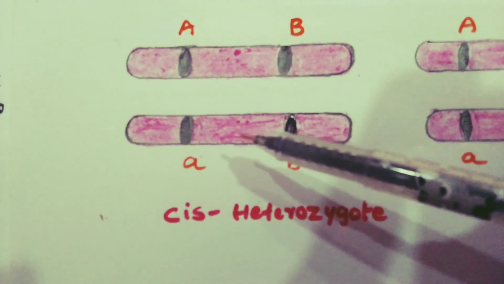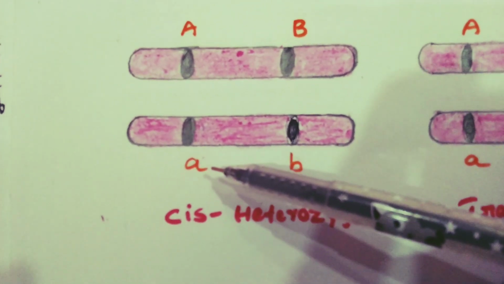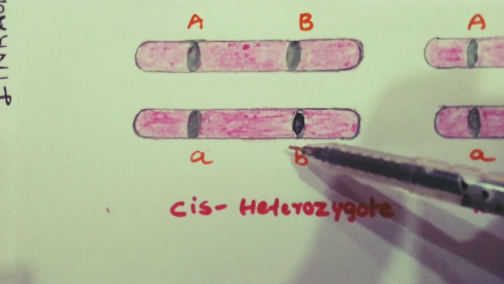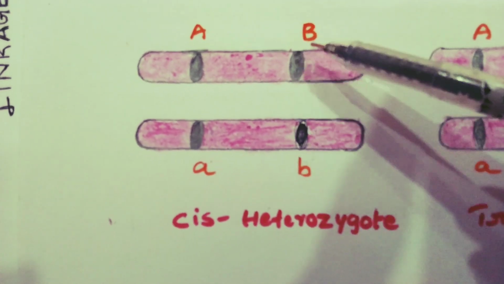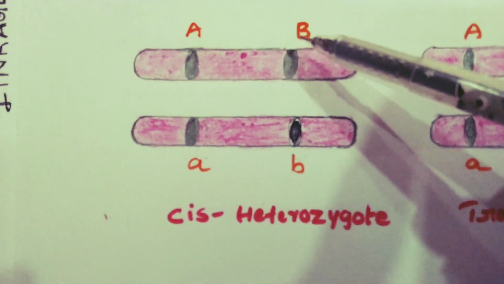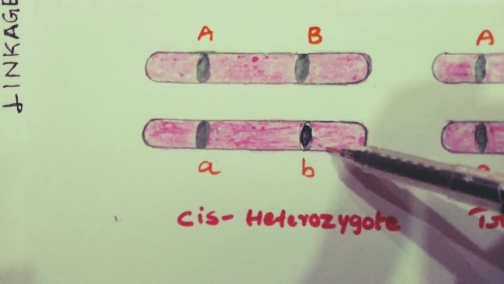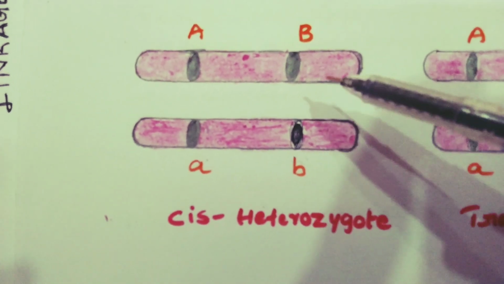In the same way, the other homologous chromosome has the small a gene and the small b gene. So this is called a heterozygote, because two different genes are present. That's why this is the hybrid, and why the heterozygous condition is observed.